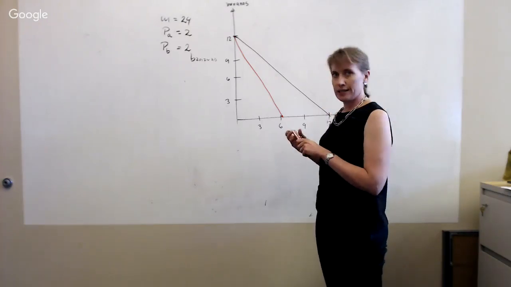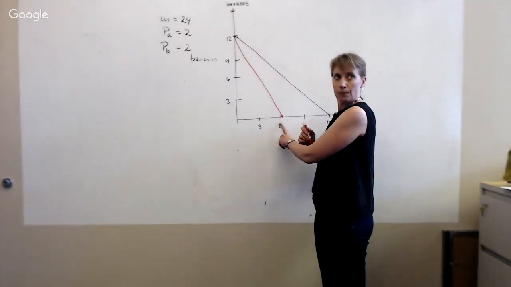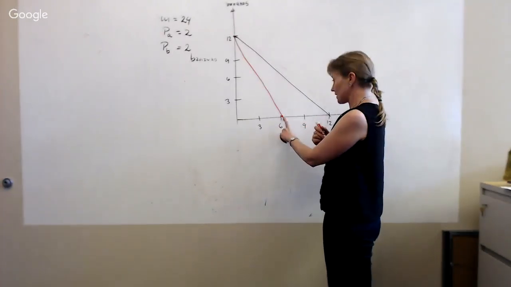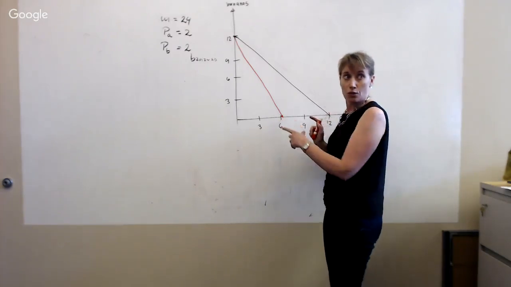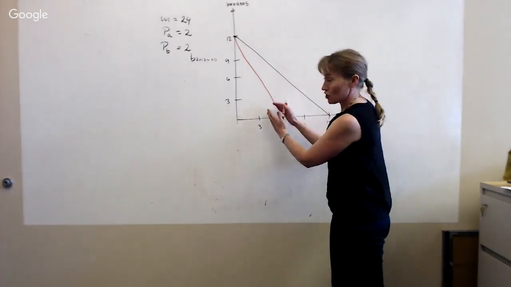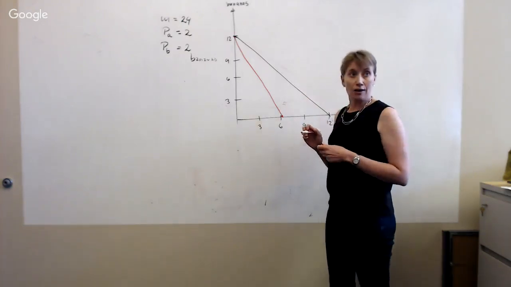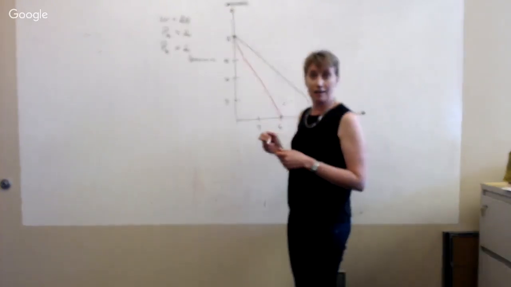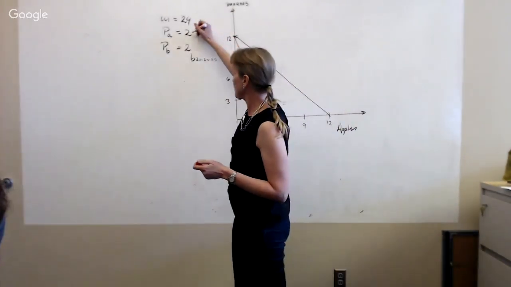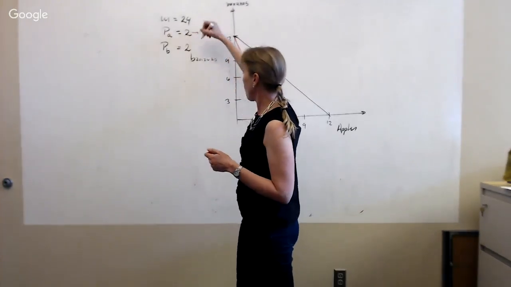Also, we see here that if we spend all of our income on apples, we can only purchase 6 apples, where before we could purchase 12. So we should notice that our budget set has shrunk, suggesting that the price of apples has risen. So our price of apples has risen from 2 to 4.